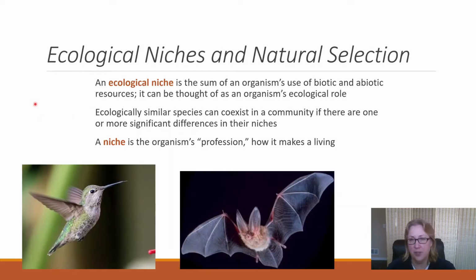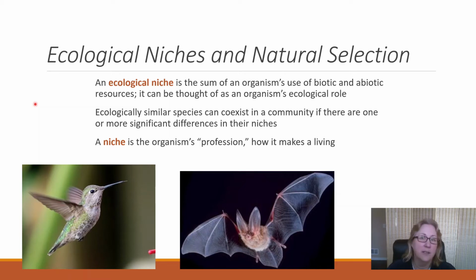So the niche for an organism is going to be important for figuring out what kind of competition is going to take place. The niche of any organism, and every living organism has a niche, is its role in the environment. So is it a predator of large herbivores?